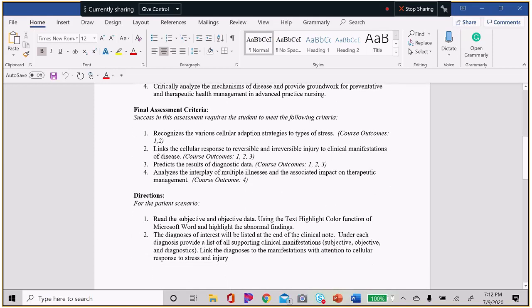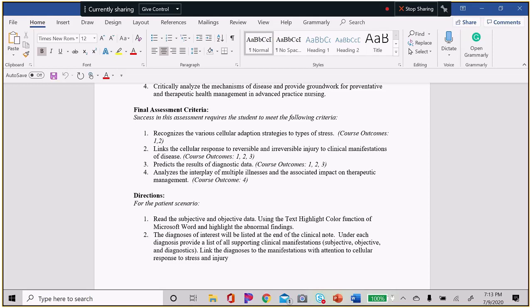In order to be successful in this assignment, you would have to recognize types of cellular adaptation. So that means going back to the first class when we talked about things like atrophy, hypertrophy, those types of processes, pathologic or intracellular accumulations, things like that.